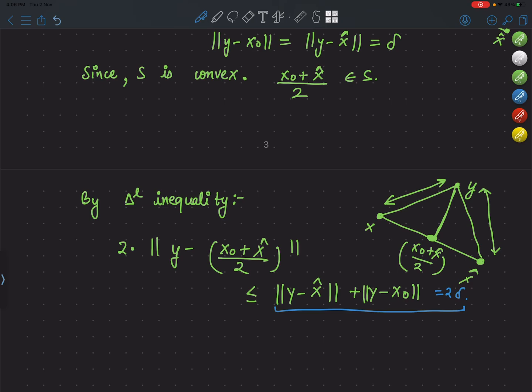Now if this inequality is true, we actually have found a new point closest to y.